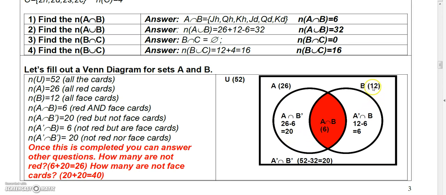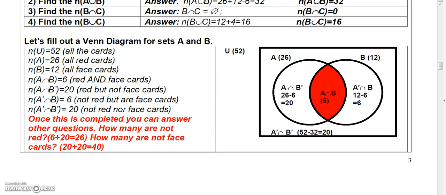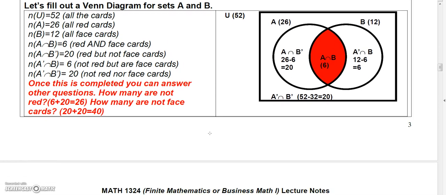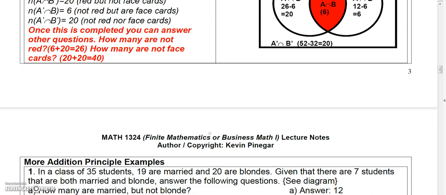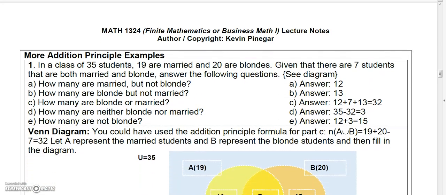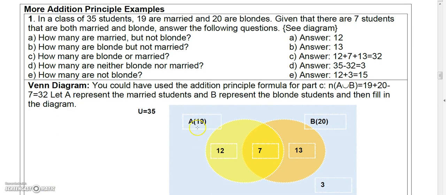If you take the 6 away from 12, you get 6 cards that are face cards and not red. Then the 20, the 6, and the 6 add up to 32, and subtracting that from the 52 total leaves 20 cards outside the circles that are neither red cards nor face cards. So the Venn diagram helps you, and once you have it drawn, you can pretty much answer any question about the number of cards you're looking for.